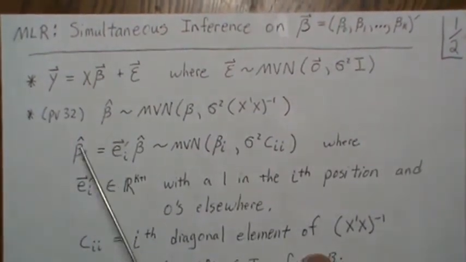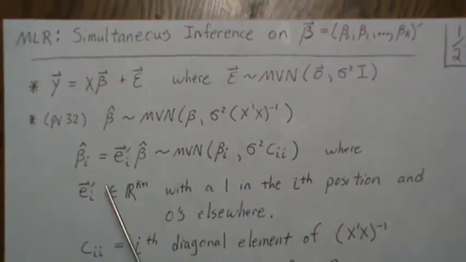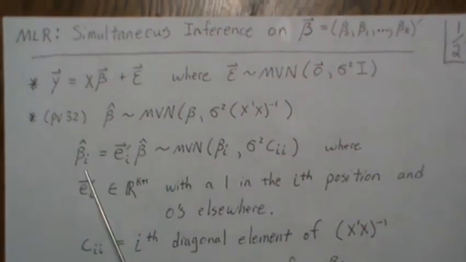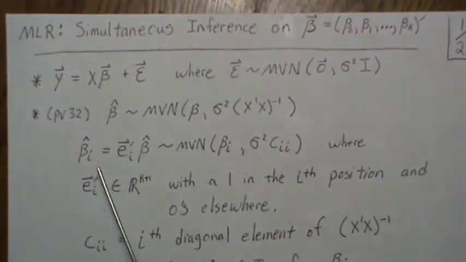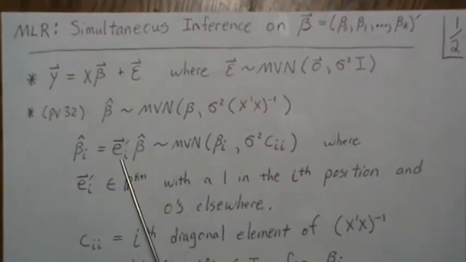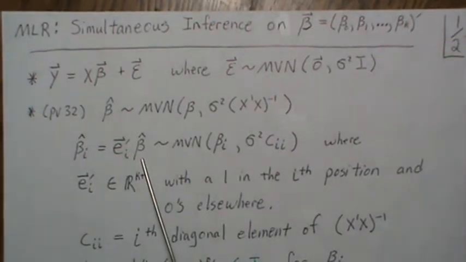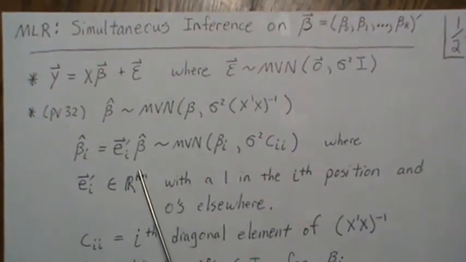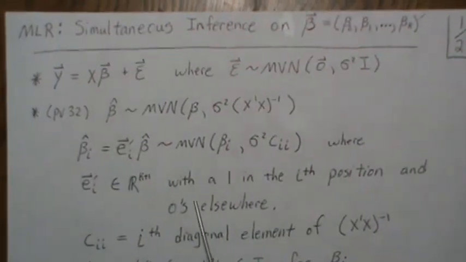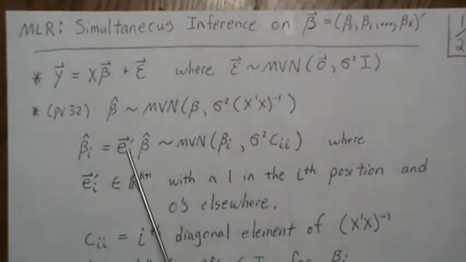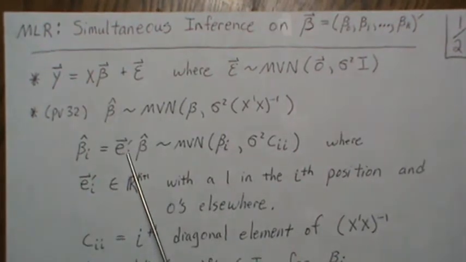Then we also showed in previous video 32 that when we want to make an inference about an individual beta parameter, we did it this way, where we let e_i transpose times beta hat. So this is the k plus 1 by 1 vector, and e_i is a vector of all zeros except for a 1 in the ith position.